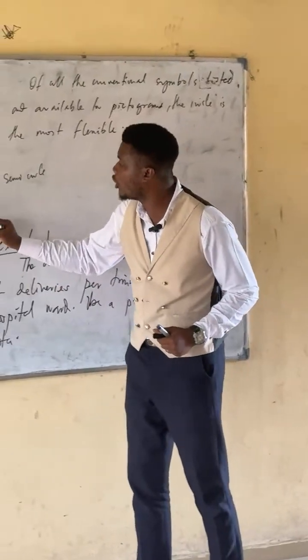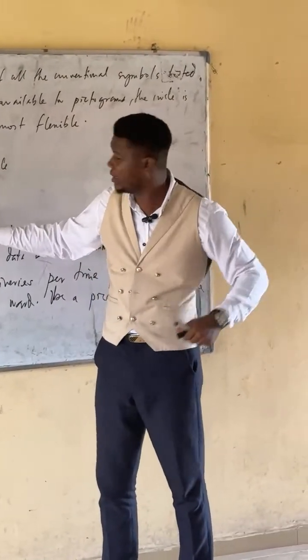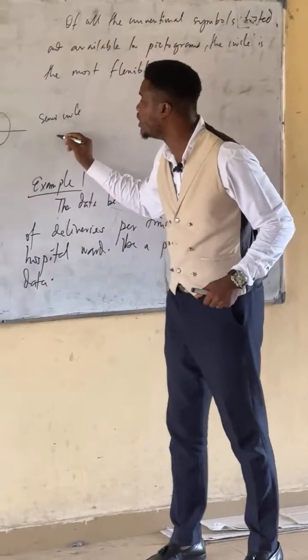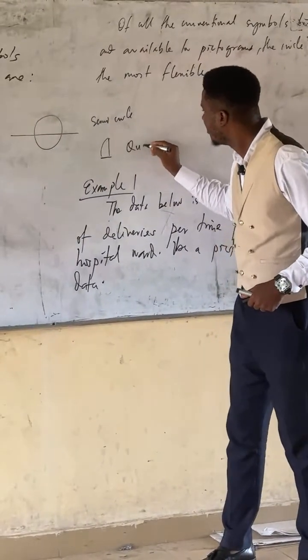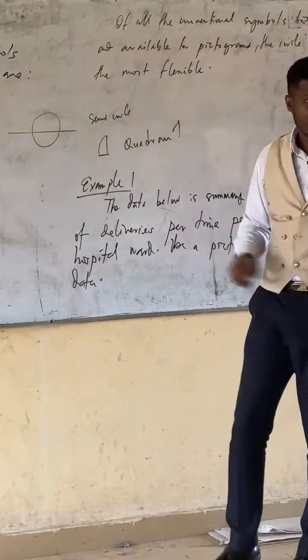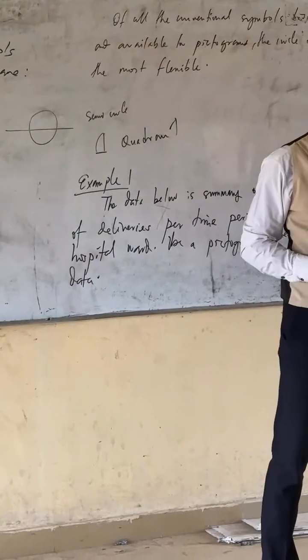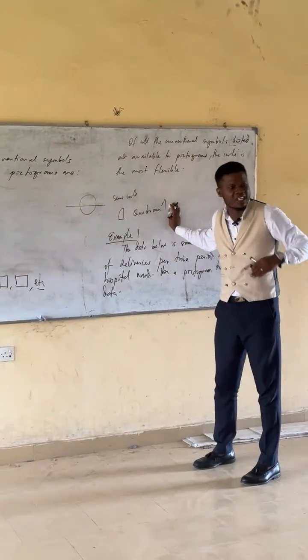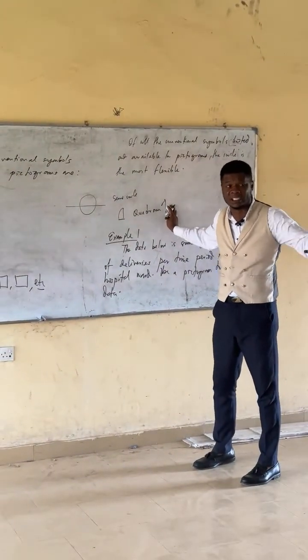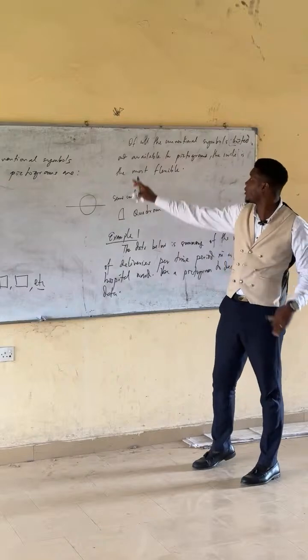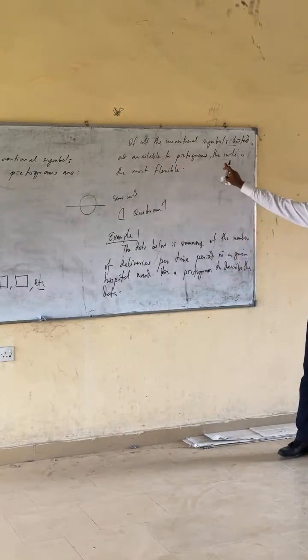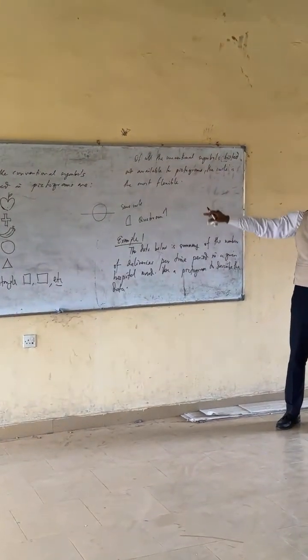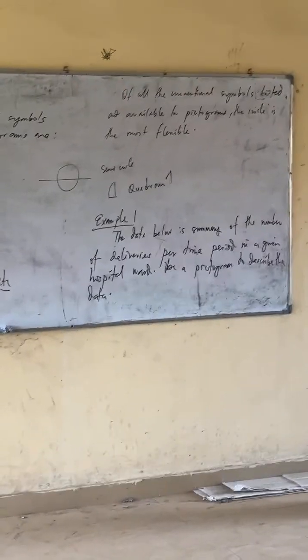And we were also told in geometry, precisely in trigonometry, that half of a semicircle is a quadrant. Is it clear? So that is the reason why, because you can accommodate half in a circle, you can accommodate a quarter in a circle. That is the reason why a circle is the most flexible among all the symbols available for pictograms. I hope everybody understands me.